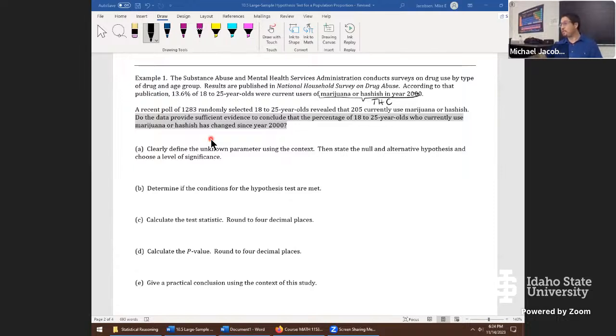But first, we have to read through all this data again and see if we can pick out any values. There's definitely a sample size. Anyone spot how large the sample size is on this one? Exactly, we've got 1, 2, 8, 3. Then after we get a sample size, next thing we would want is number of successes.